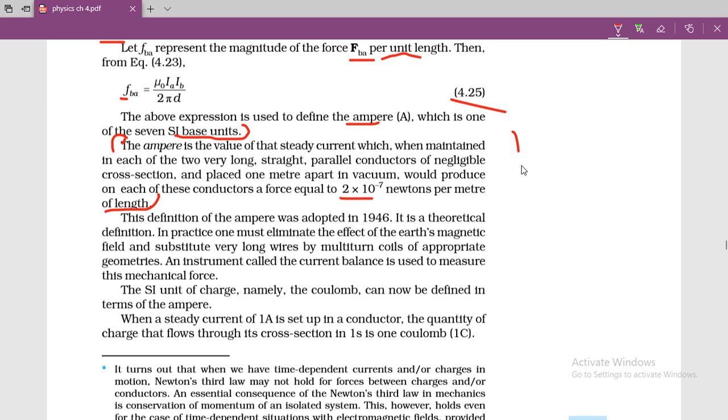So if there are two wires parallel to each other separated by a distance of 1 meter and both of them carry some current, suppose I, and they are very long conductors, straight, parallel and of negligible cross section, placed 1 meter apart in vacuum, then they produce a force of 2 into 10 to the power minus 7 newton per meter.